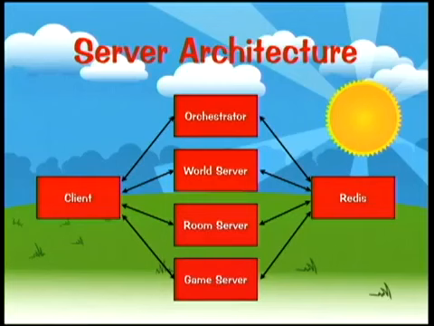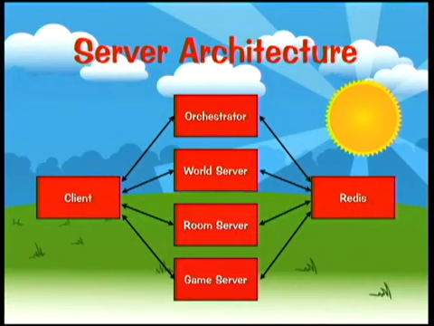And what does this start to look like on the server? Now, there's a lot of lines and a lot of blocks here, but I'll try to describe it pretty well. So on the client, we have the client, and it's got its browser. What we have is we have this server that kind of handles what happens when you ask for an action. We call that the orchestrator. The orchestrator then will tell you what other server you're going to connect to.